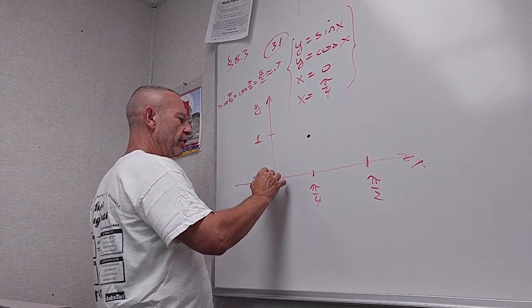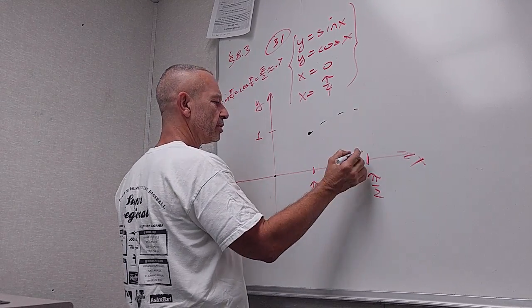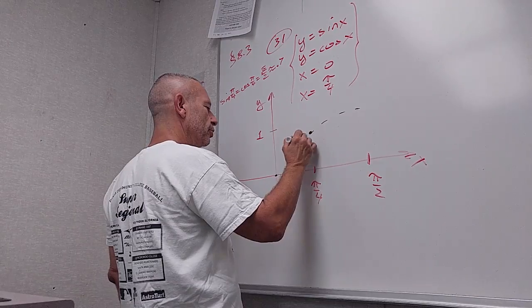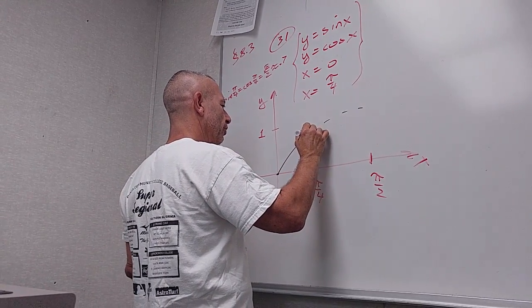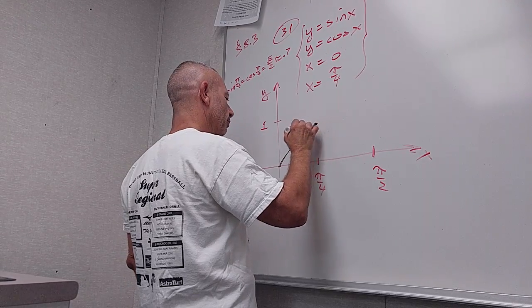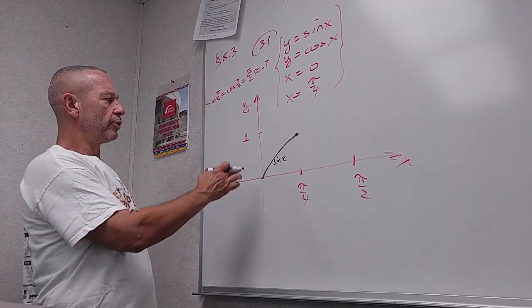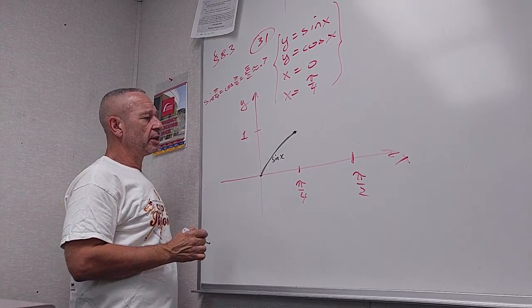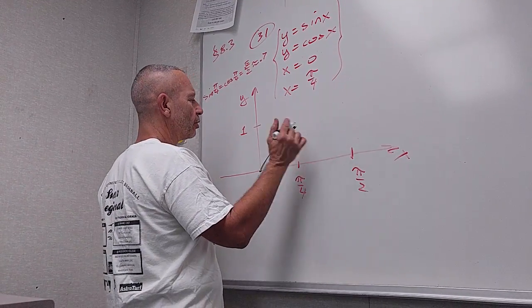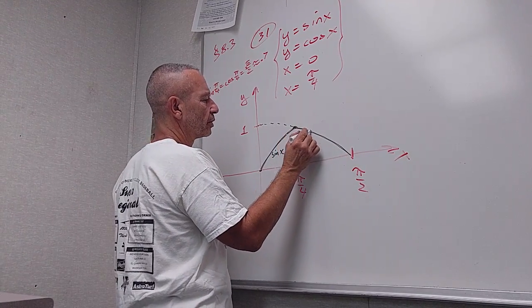We know that the sine starts at the origin and continues on to max out at pi over 2. So evidently this is kind of what the sine looks like. The cosine, we know at 0 maxes out at 1 and then becomes 0 at pi over 2, so it's kind of like this.